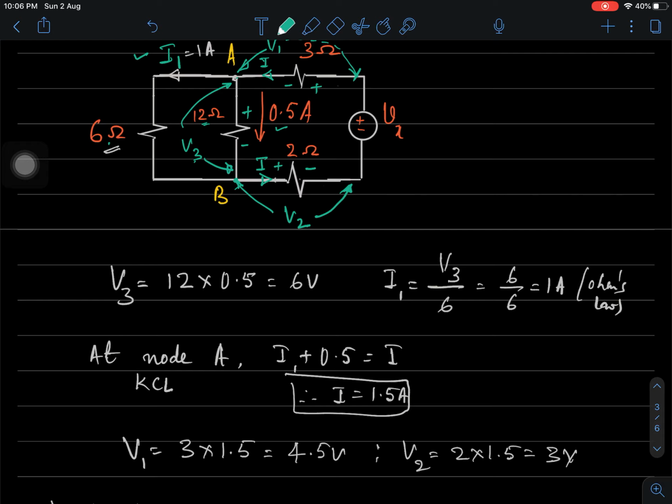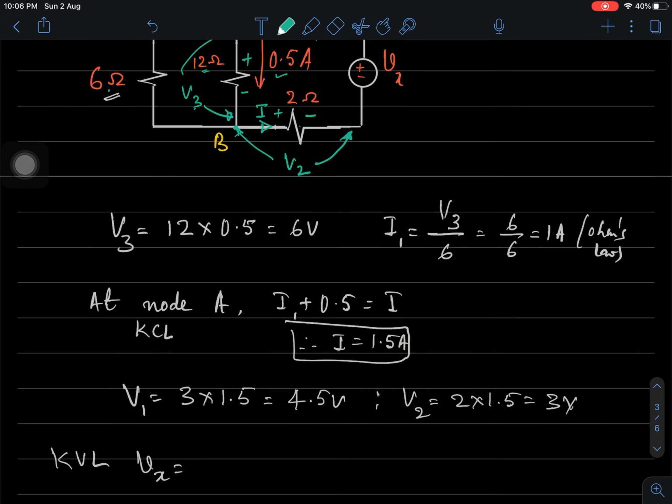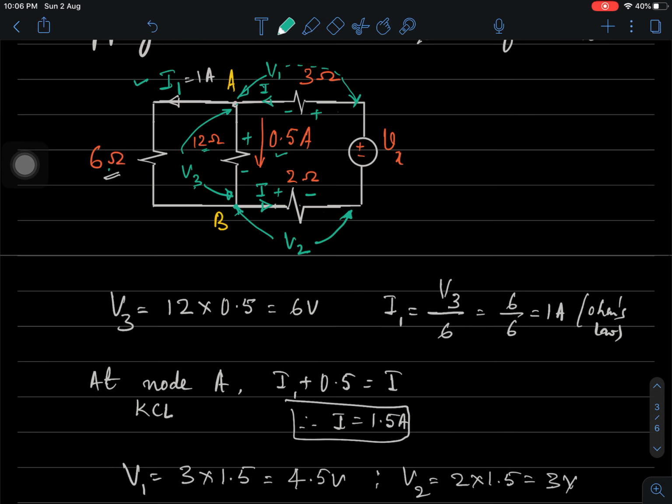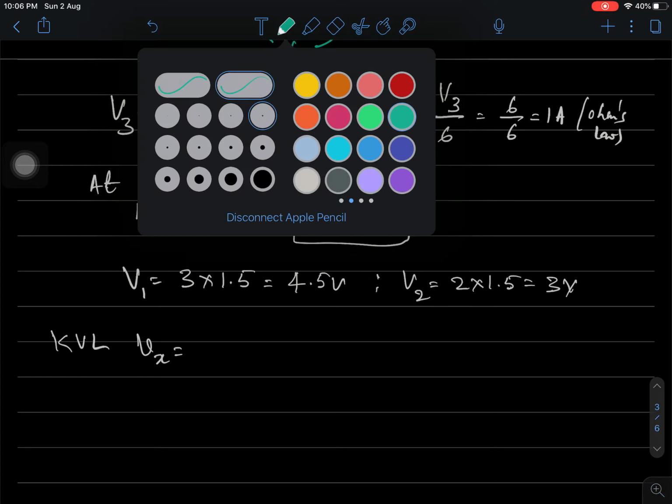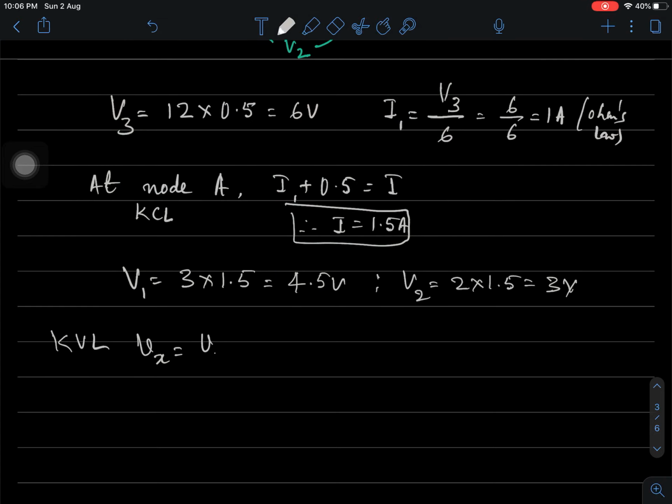So if I start from the source, I will come across positive negative drop, again positive negative drop, again positive negative drop. So everything gets added. So Vx equals V1 plus V3 plus V2.